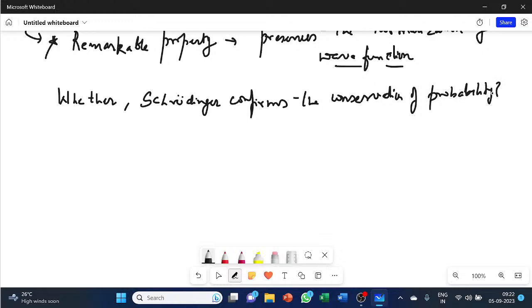By which I would mean, what should I mean? Let's say if I'm saying that the Schrodinger equation preserves the normalization constant, does it also preserve the probability? That is, what should I write as a question? I should write it here. Just give me a minute. Let me formulate what I want to say.